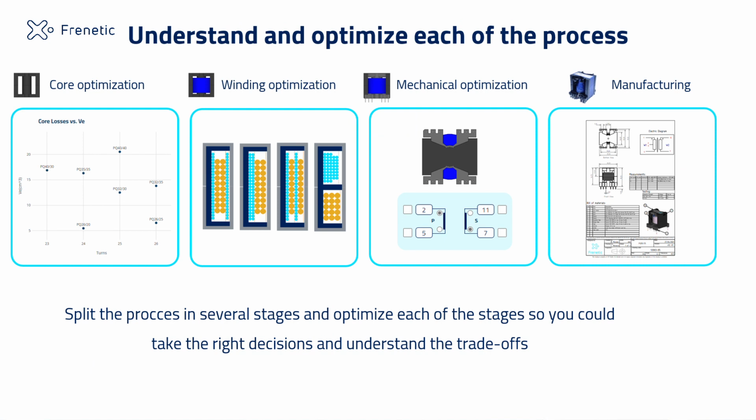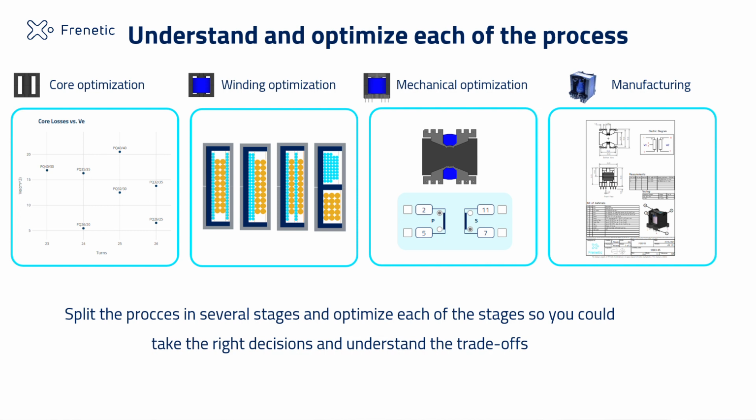So one of the ways to really optimize the process of the design is to split it in three parts. In the first one, we should optimize the selection of the core. This is one of the most important ones because it's going to determine the size, it's going to determine the power density of our component, and it can have a huge impact on the cost.